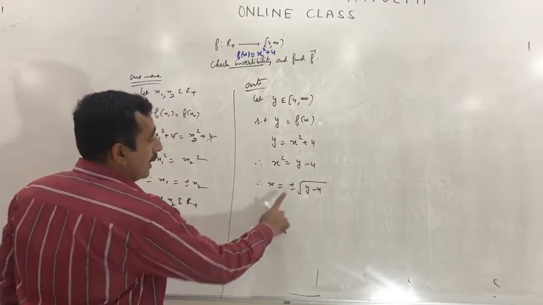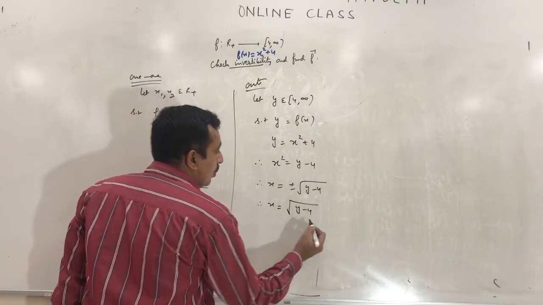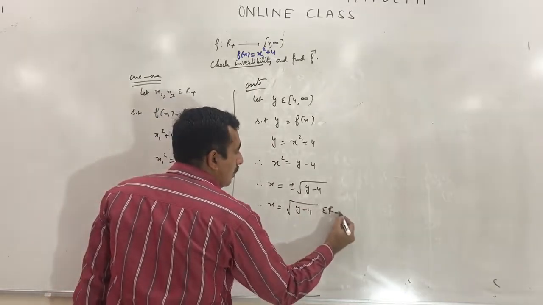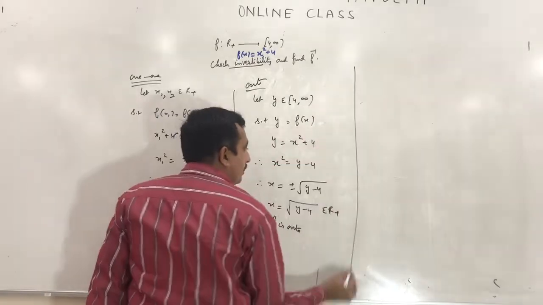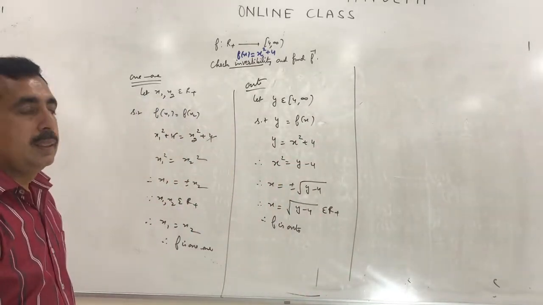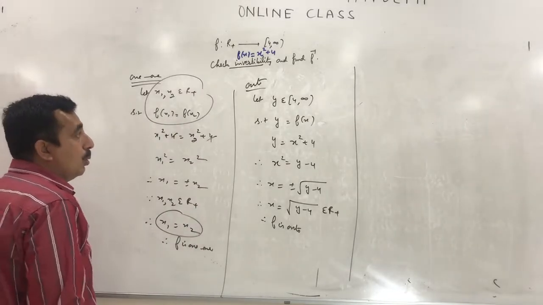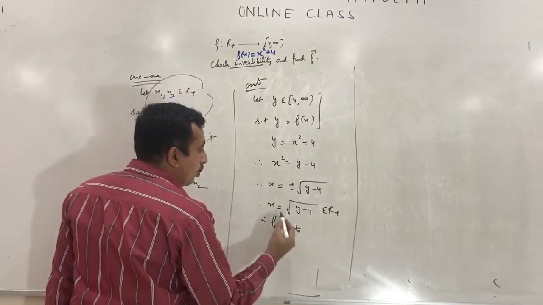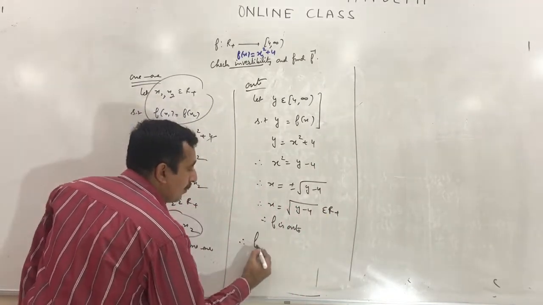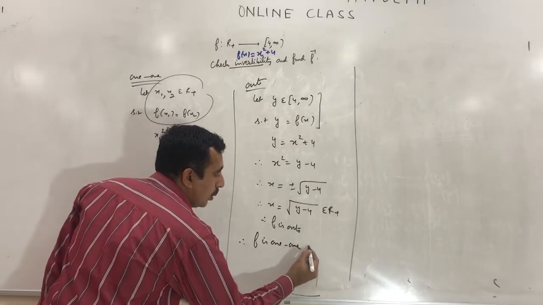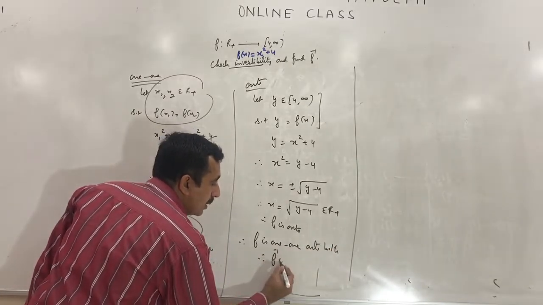All the values are positive, not negative. x equals the square root of y minus 4, and this value belongs to R plus. Therefore, f is onto. For one-one, start from here, reach x1 to x2. For onto, start from this, prove that x belongs to this. Therefore, f is one-one and onto both, and therefore f inverse exists.